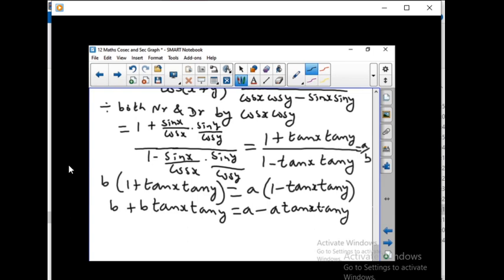So this can be written as, we can take tan x tan y outside, therefore we get b tan x tan y plus a tan x tan y is equal to a minus b. So now take tan x tan y outside.